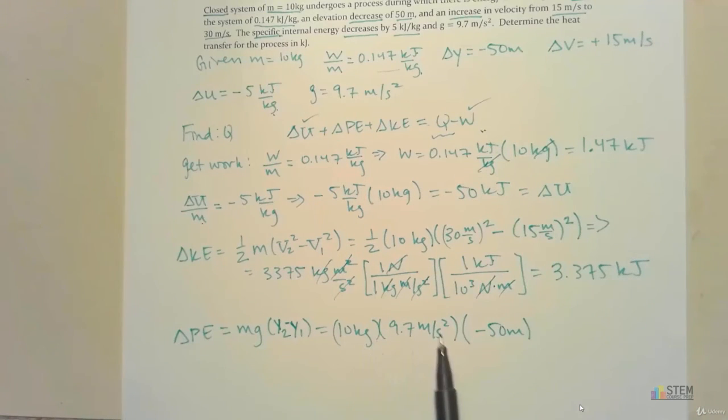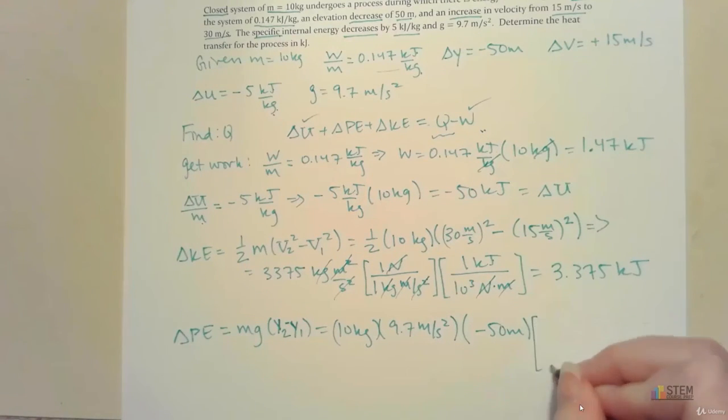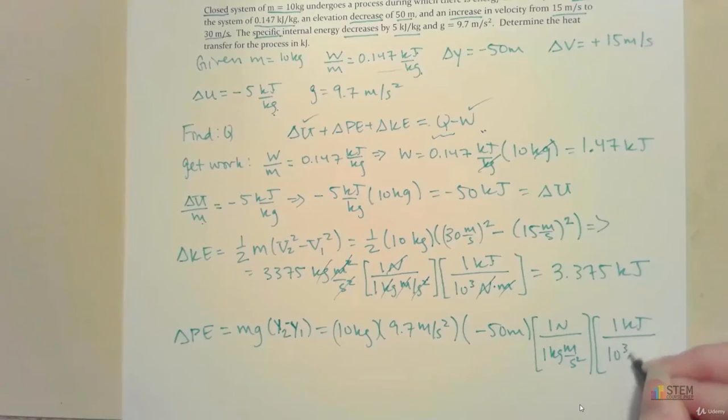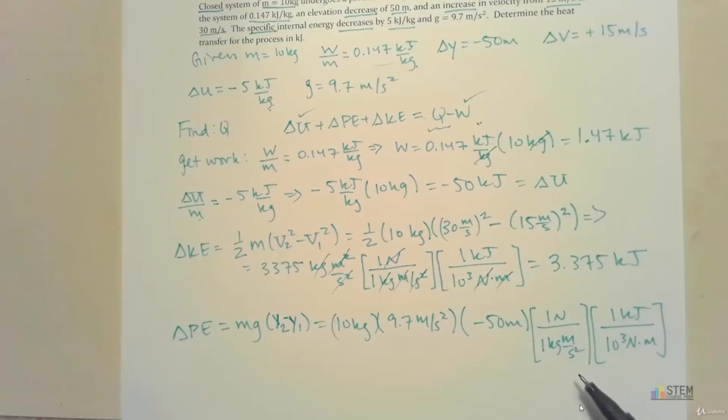We've got kilogram meter squared per second squared, so you're going to need to do the same conversions we did up here. I'm just going to write those out so you have it in your notes. We have 1 newton per kilogram meter per second squared, then convert that over to kilojoules. Again, you can go through and make sure your units work out. Everything should cancel out except for kilojoules. So your delta PE here is going to be negative 4.85 kilojoules.